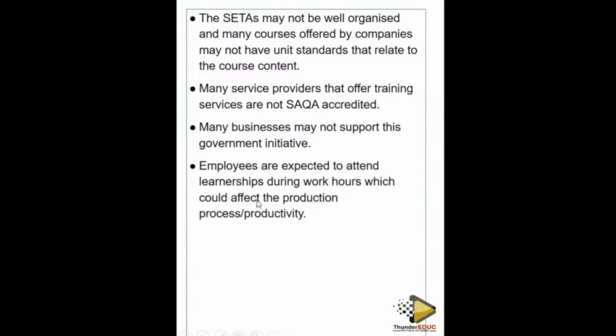Employees are expected to attend learnership during work hours, which could affect the production process or productivity. Remember earlier on I said productivity refers to the production of goods and services per person, how well one person can produce goods and services. Also, according to the Basic Conditions of Employment Act, there are specified hours that a person must work per day.